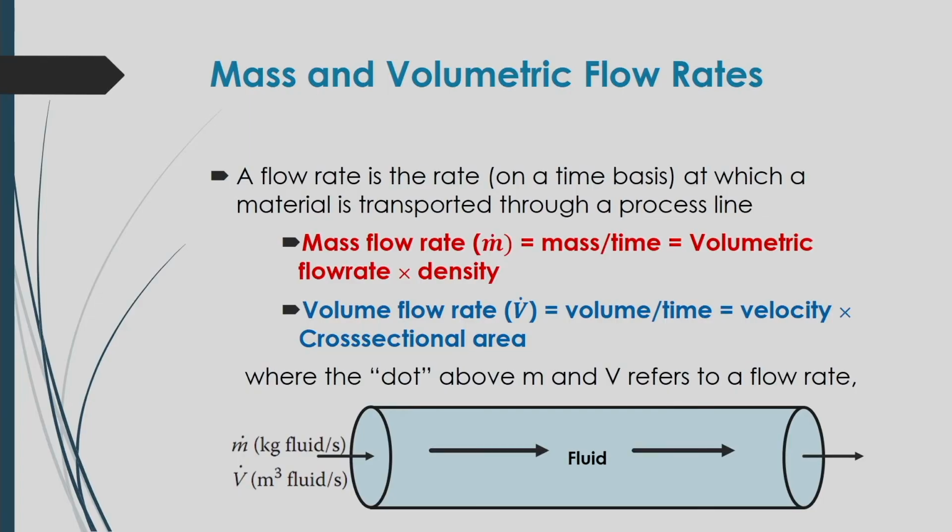Now, coming to flow rates, first we know that mass and volumetric flow rates are important aspects when you are going to analyze any process of chemical engineering or biochemical engineering in a particular process unit.